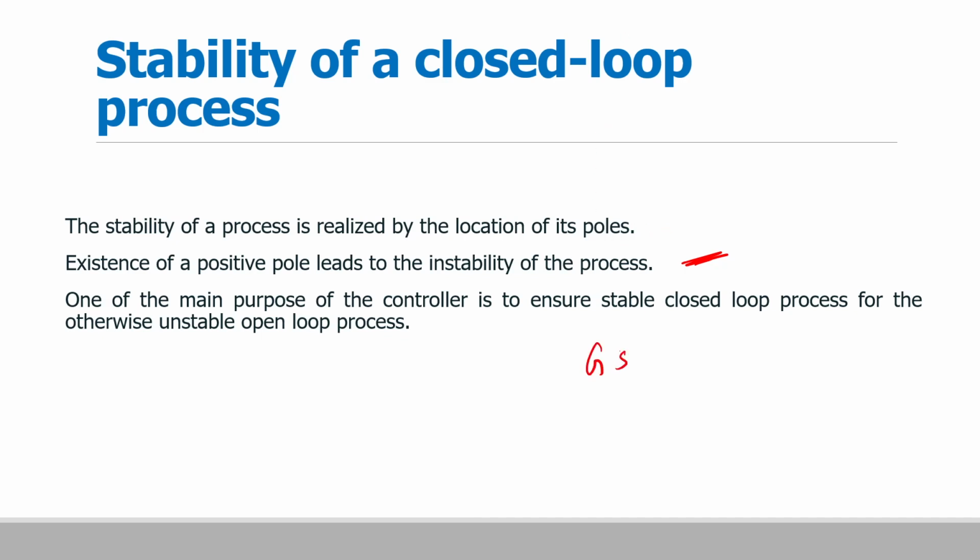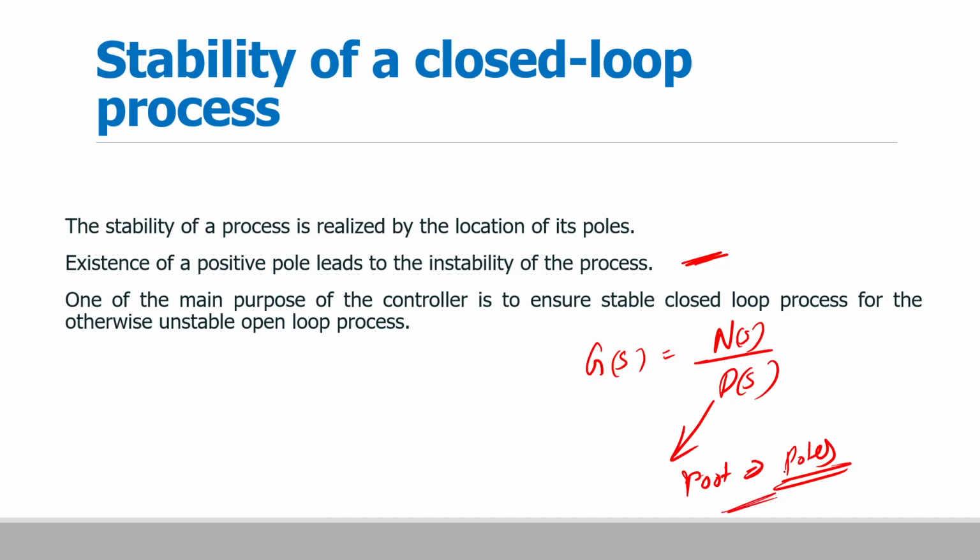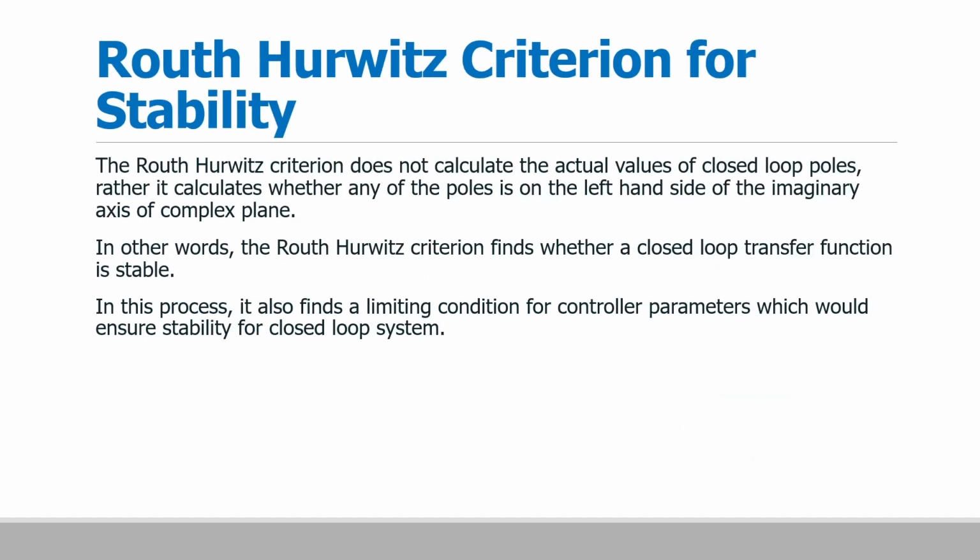That is, given the transfer function numerator upon denominator of s, we will find the roots of the denominator, which will give us the poles of the system. So we need to manually calculate the roots of the system. But for a higher order system, if the calculation of roots becomes difficult, then we can use the Routh-Hurwitz criterion for stability.